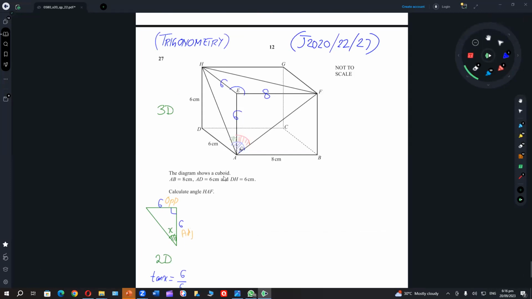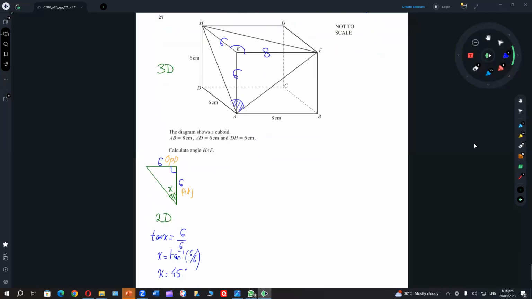I have this side HF. And this is the angle which we are looking for. This is a 3D version.